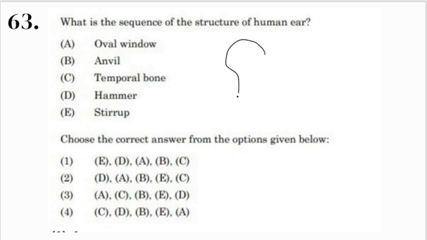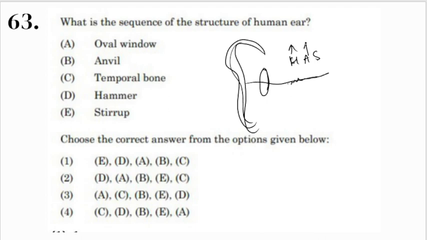Okay, so when we talk about ears, first of all we have this temporal bone, then we have an oval window, then we have our ossicles, which are hammer, anvil and stirrup. So 4 is going to be our correct answer, where the sequence is C, D, B, E and A.